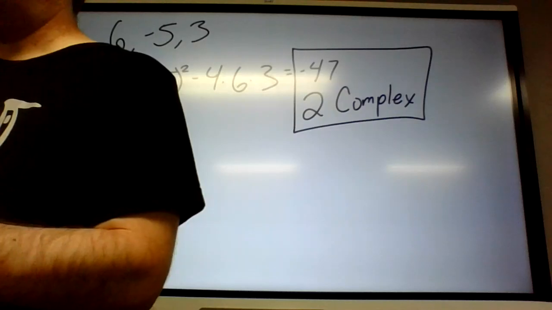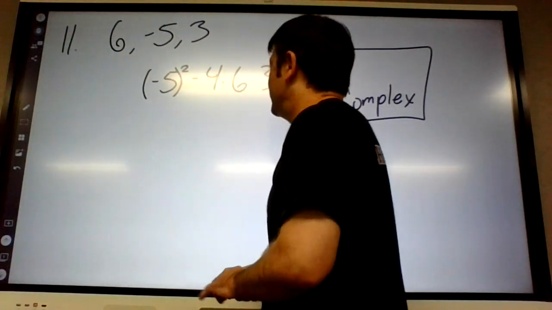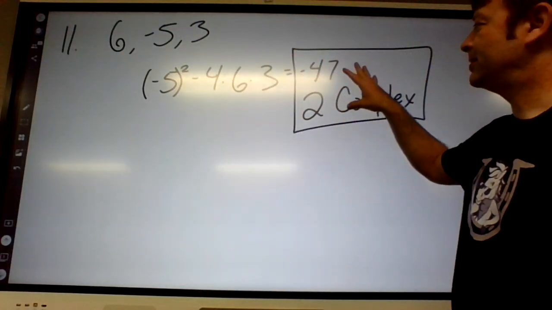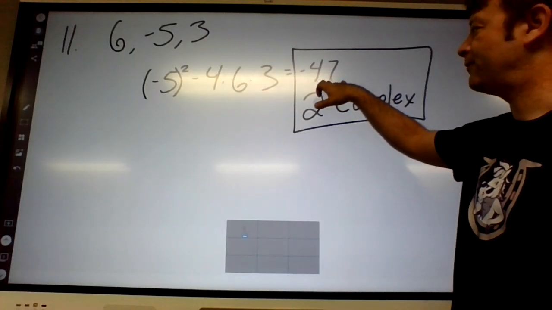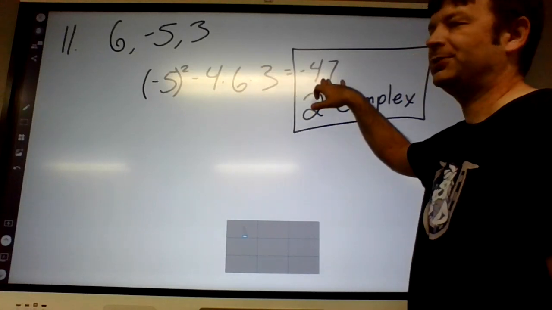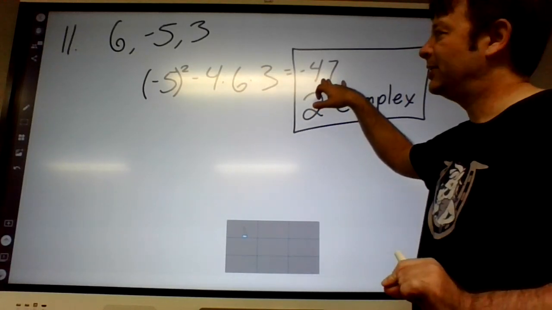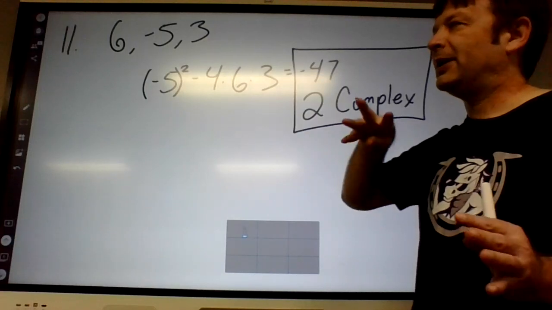And now the discriminant. The reason they did this on this assignment is the discriminant tells you, if you get a weird number like a negative 47 in the square root, that this is not going to factor. If you get a weird number for the discriminant, factoring won't work.